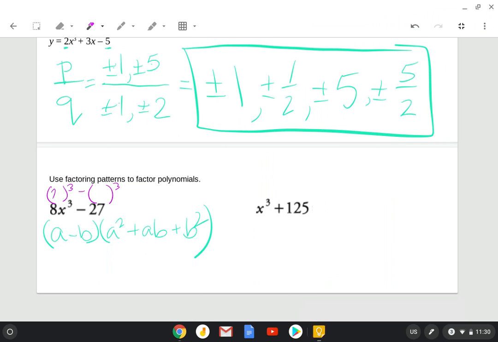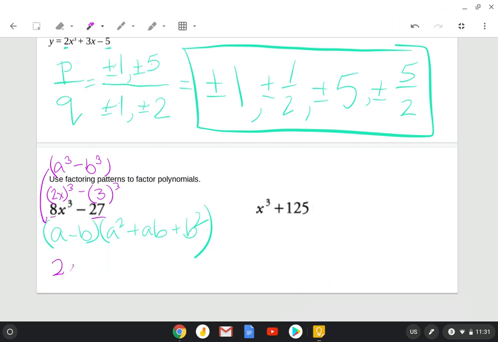So we know it's going to be 2 and 3, and then there's going to be an x here because of this x here. So again, I use the cube chart to know what makes 8 and 27. So my a is 2x, and my b is 3. Okay, so again, we're trying to find what this is, and we're going to use that pattern there.